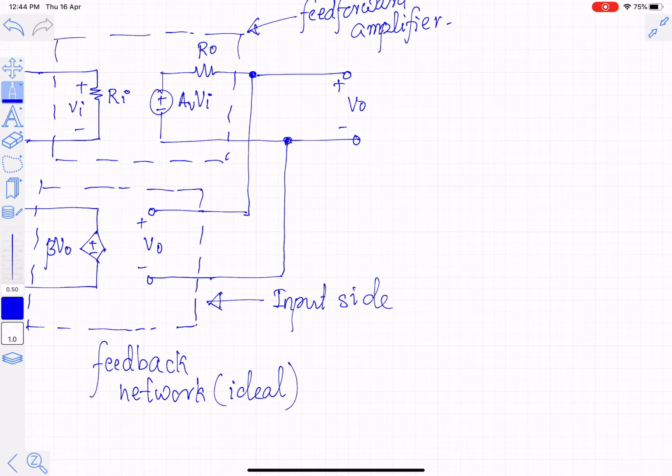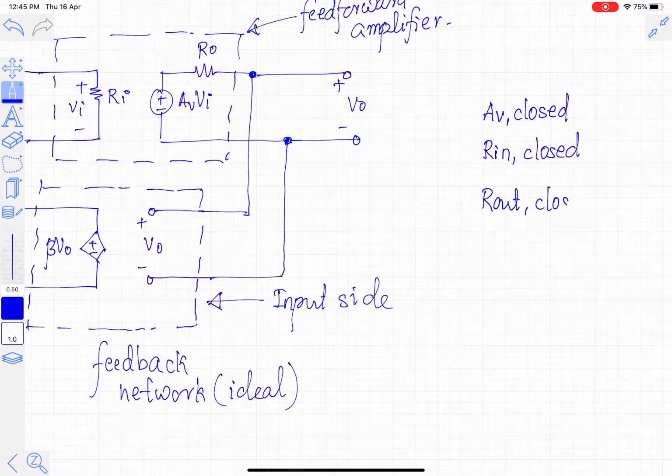Now we have to find out the expressions for AV closed, Rin closed, that is the input impedance of the overall amplifier with feedback, and Rout closed.